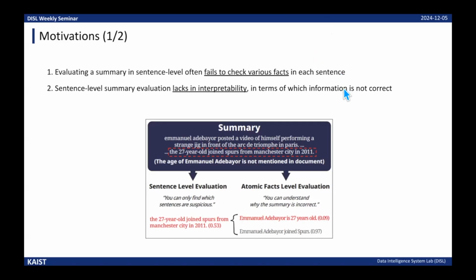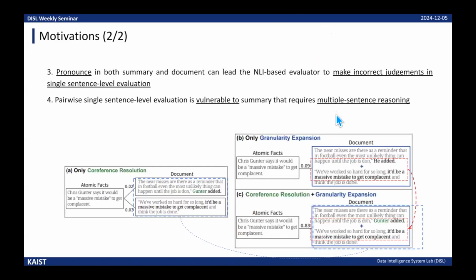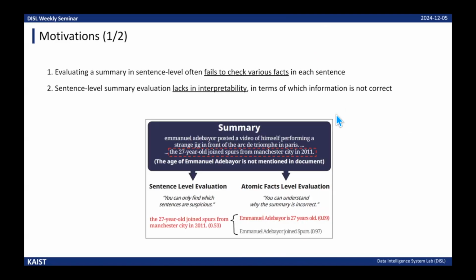Looking at the sentence in the red box in this example, if we evaluate the factuality of the entire sentence as a whole, we can only tell that something is wrong with the sentence, but we cannot identify which specific part is incorrect. That's why in this paper, they break down the summary into atomic facts for evaluation. By evaluating these atomic facts separately, we can identify exactly which facts are problematic.